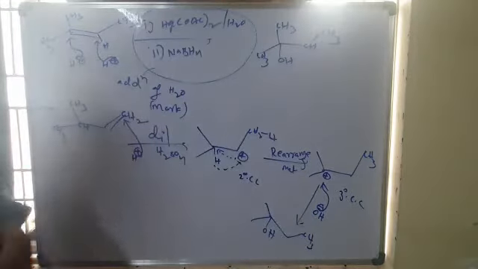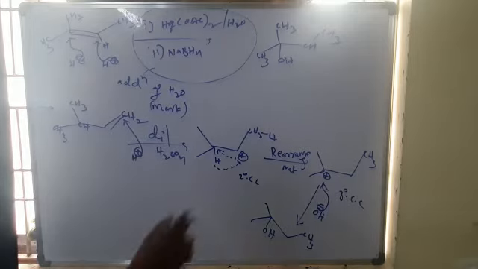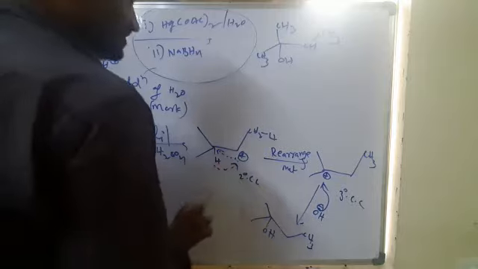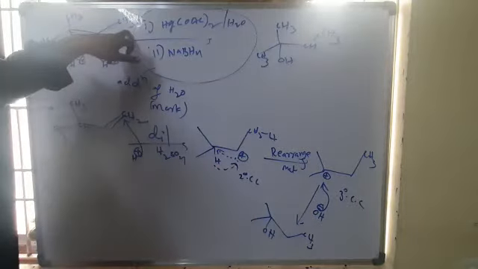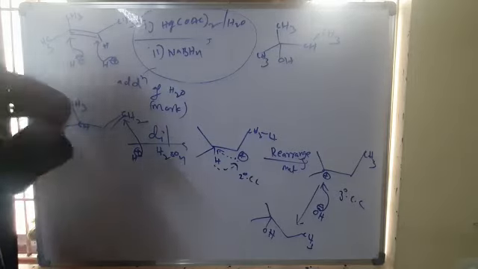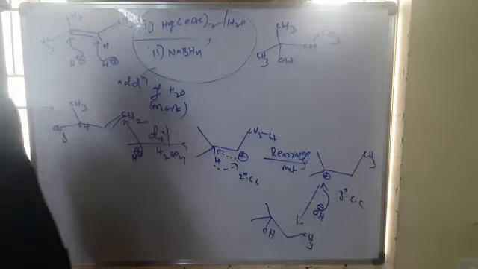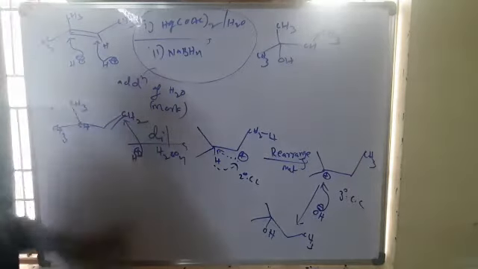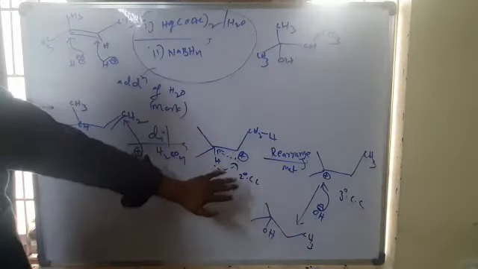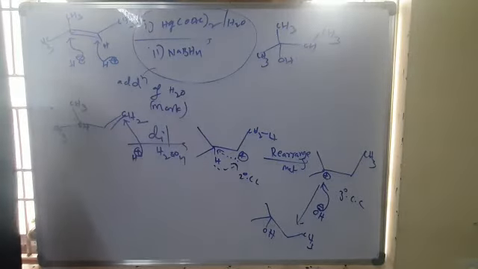Here OH. So if you use dilute H2SO4, rearrangements are possible. In oxymercuration, demercuration, no rearrangements, no carbocation. And also in hydroboration there are no rearrangements because there is also no carbocation. Whenever a carbocation intermediate is formed, rearrangements are always possible. Okay? So these are the products, right?